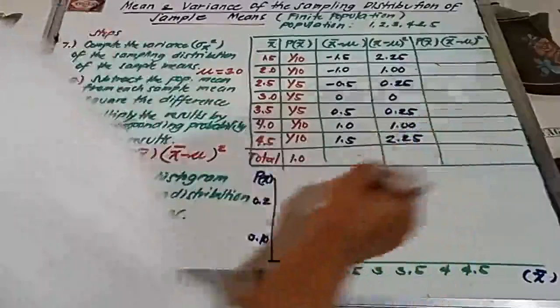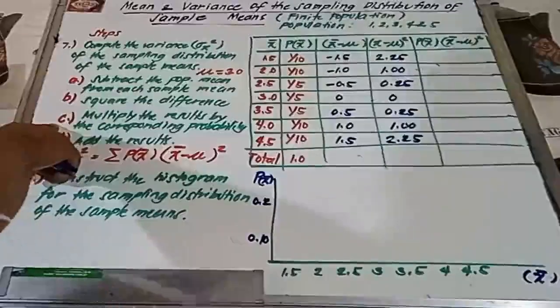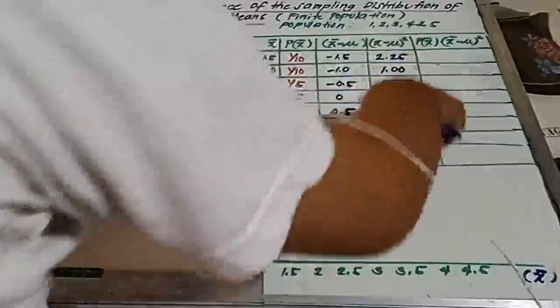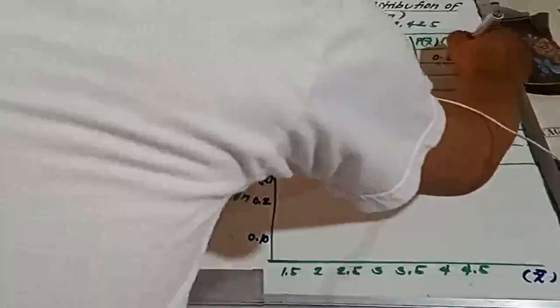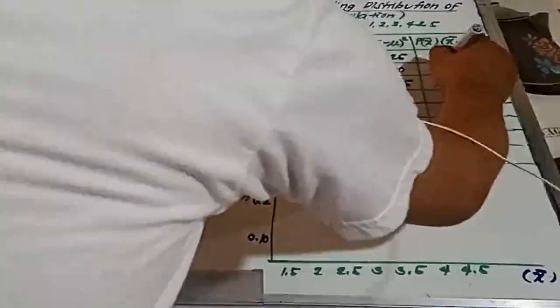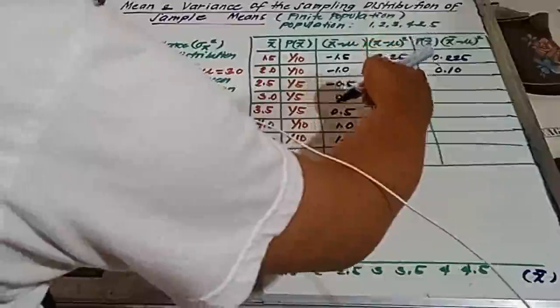Okay. Then, pagkatapos nun, we have letter C, multiply the results by the corresponding probability. So, ito times this. This column times this column. So, that is equal to 1 over 10 times 2.25. That is 0.225. And then, this is equal to 0.10. And then, we have 1 over 5 times 0.25.